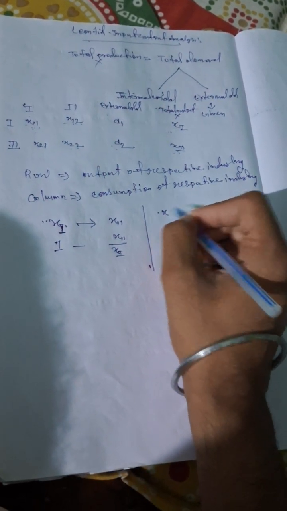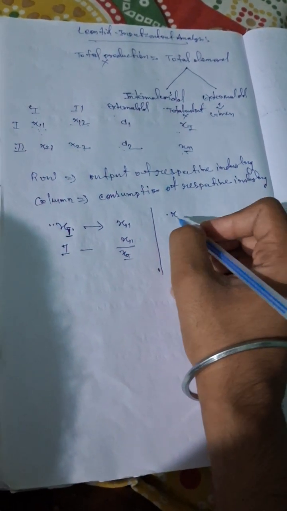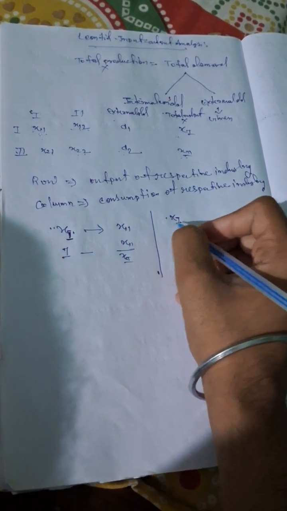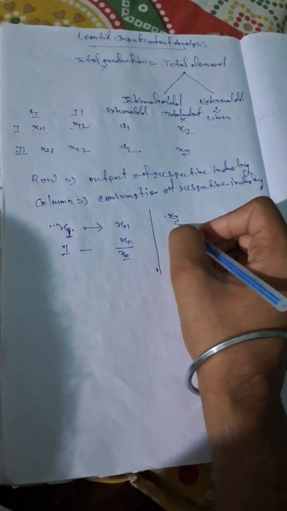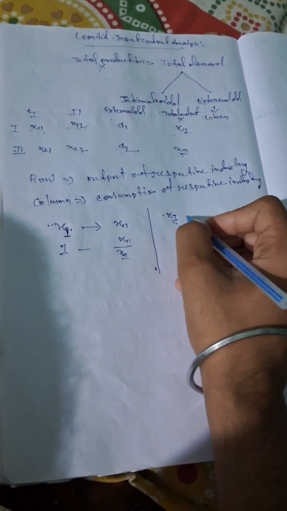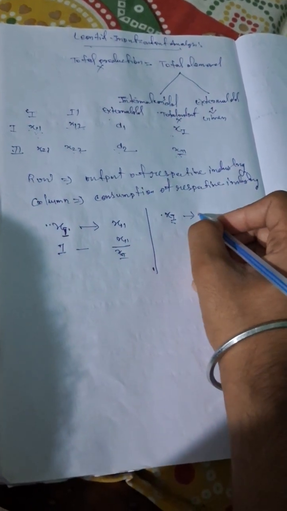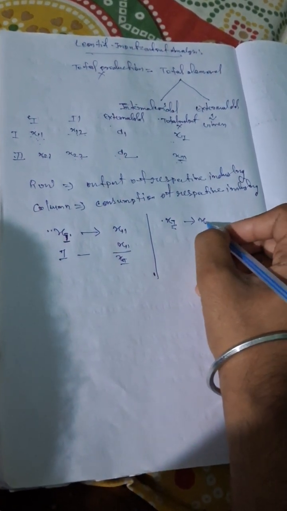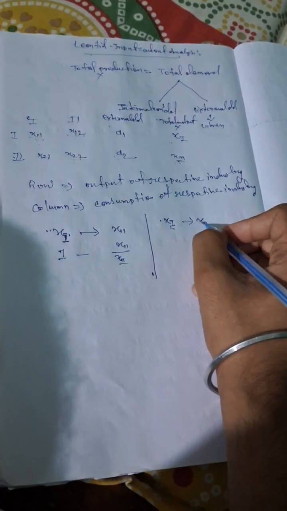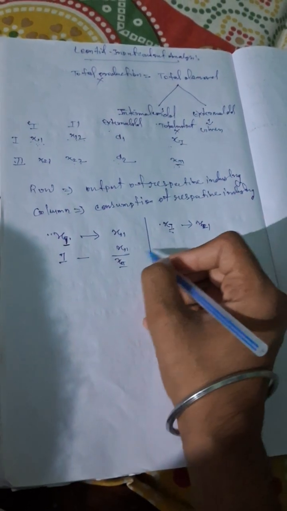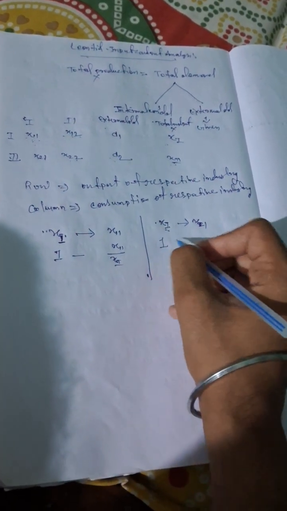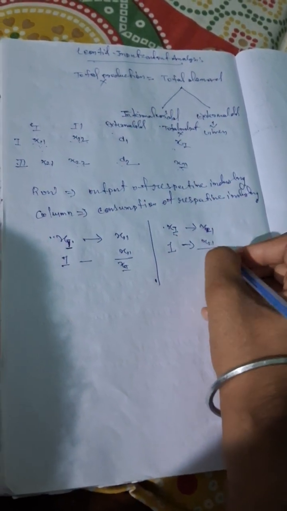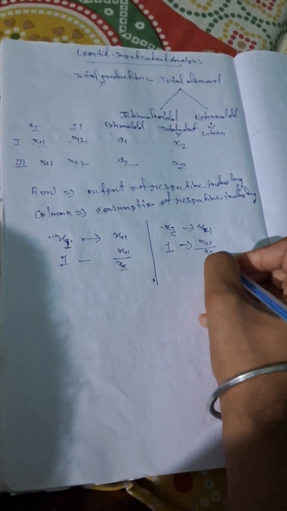In order to produce total output of X1 industry, we need output of the second industry used by the first industry, X21. In order to produce one unit of output, we divide X21 by X1.